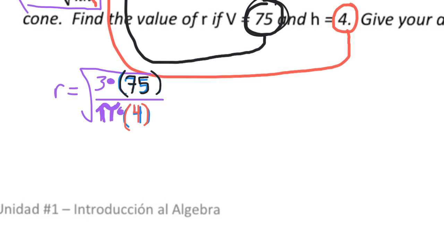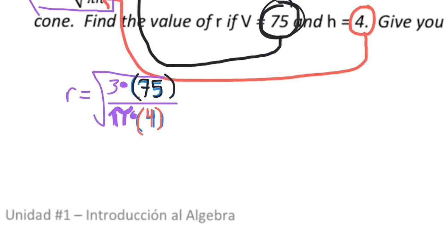E, exponents, nope. M, multiplication. We have multiplication on top and multiplication on the bottom. So let's multiply 3 times 75. And that should be 225. 3 times 75 in the calculator, 225.